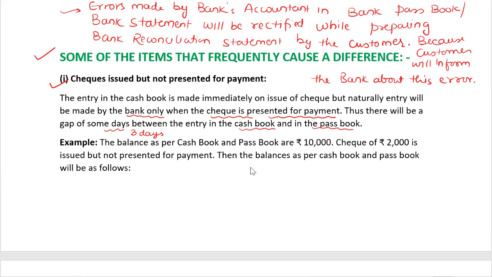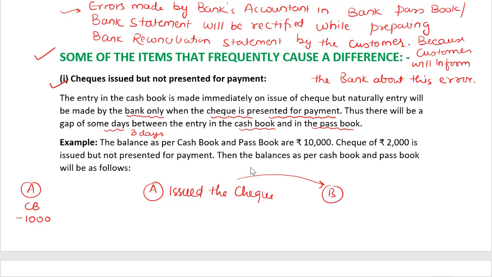Supposing Mr. A has issued the check to Mr. B. In that case, in the books of A, Mr. A will deduct 1000 rupees from the cash book, but in the passbook there would be no entry, and that is why this would be the reason for the difference in the bank column of the cash book and passbook, that is the bank statement, and rectification, adjustments, is required.